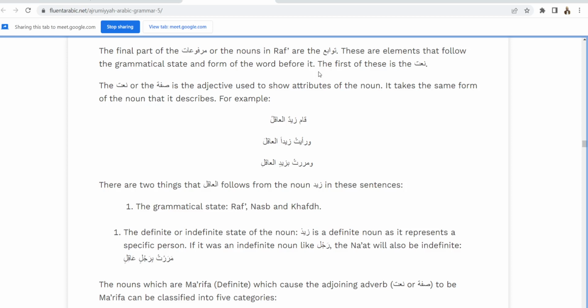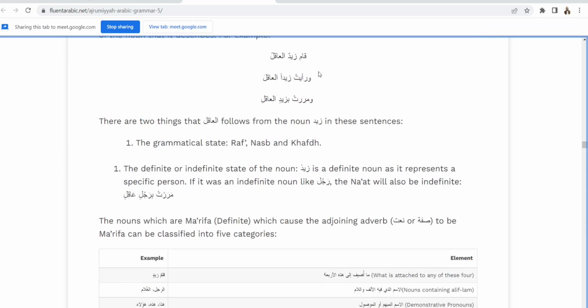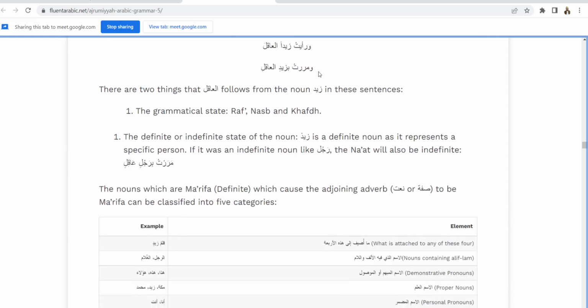Male or female. Like for male and female: قام زيد العاقل. قامت خديجة العاقلة. Okay? It follows in being feminine or masculine. There are two main things that the aqil follows from the noun.